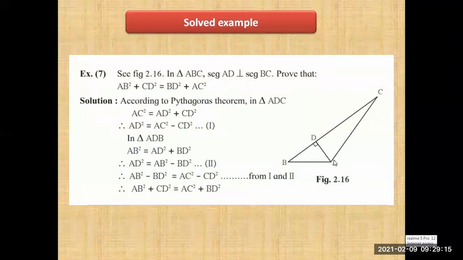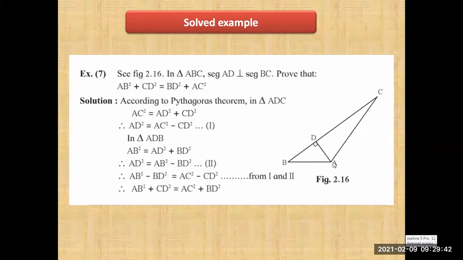First we take this small triangle ADC. AD is a perpendicular side, AC is the hypotenuse. So according to Pythagoras theorem, AC square is equal to AD square plus CD square. Then from this, CD square goes to the left side, so we get AD square is equal to AC square minus CD square, equation number 1.